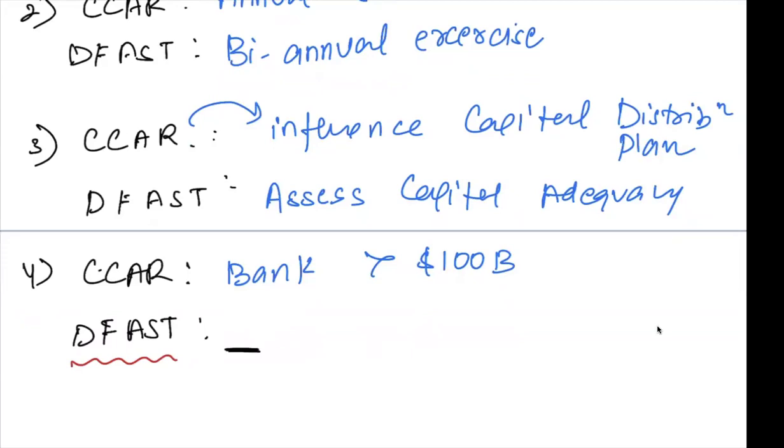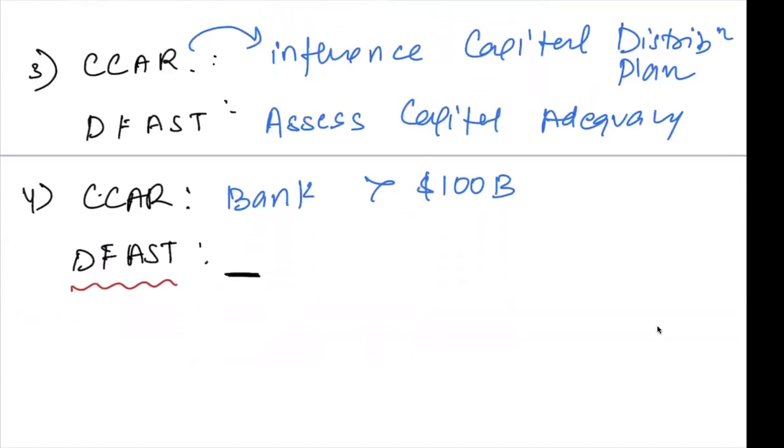I'm not sure, so that's why I'll not commit. But just to make sure, it includes smaller banks. Okay, so DFAST you do for smaller banks. So yeah, these are some major differences between CCAR and DFAST.